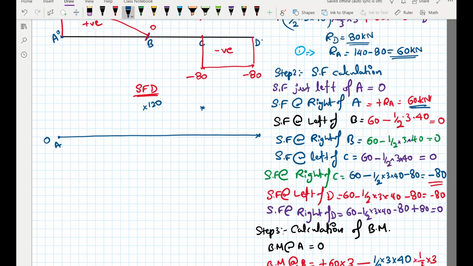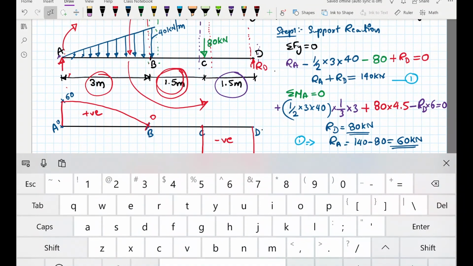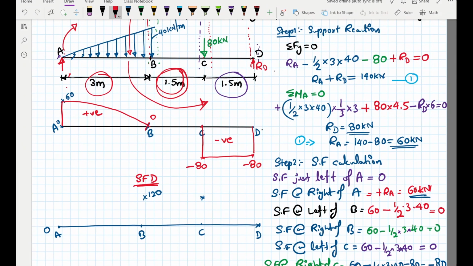A, B, C and D. So from A to B, since it is UVL, we have to draw it as cubic parabola. I will draw like this. So in the derivation you might have seen it is cubic parabola. Then from here to here straight, then slope.